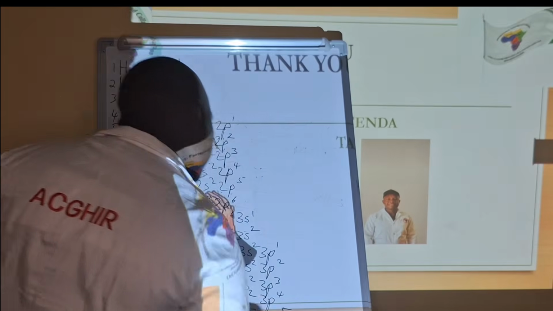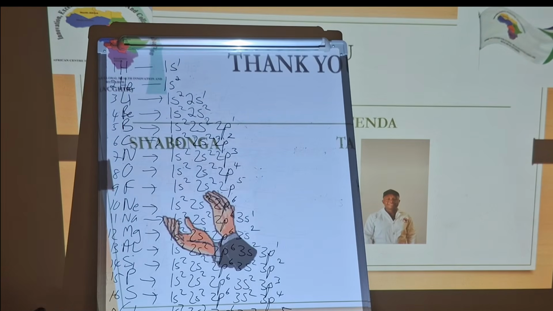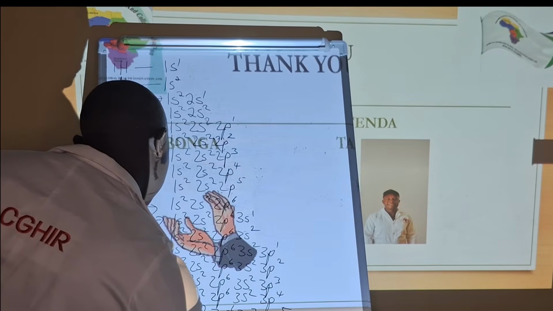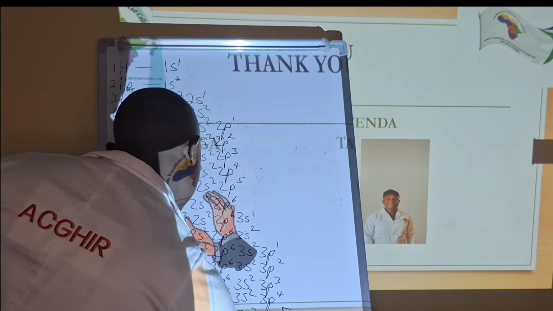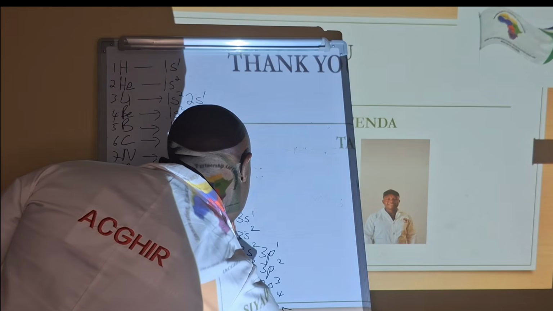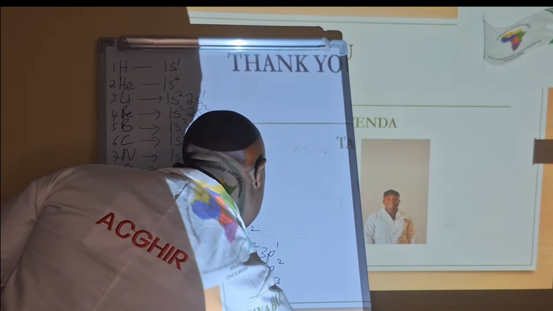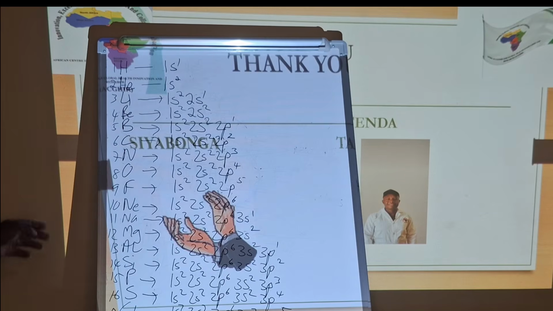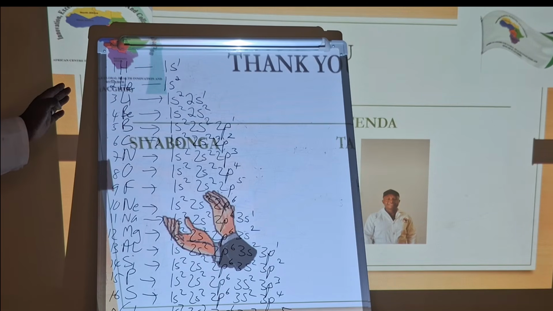So we write 4s1. Okay, we move on to calcium. 1s2, 2s2, 2p6, 3s2, 3p6, 4s2. So that is the electronic configuration of the first 20 elements.